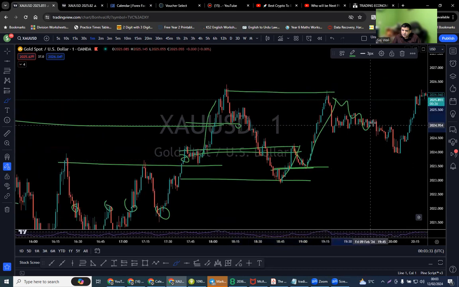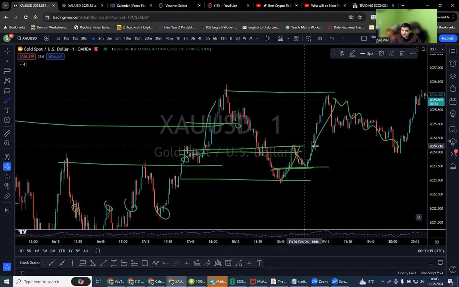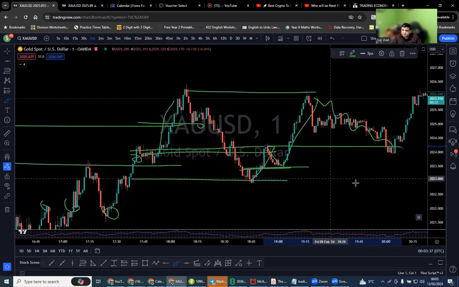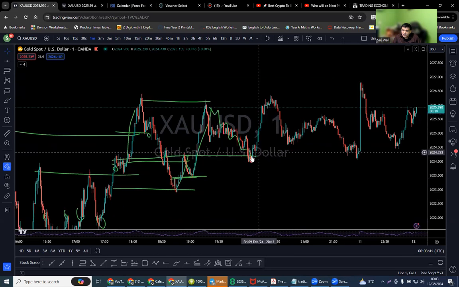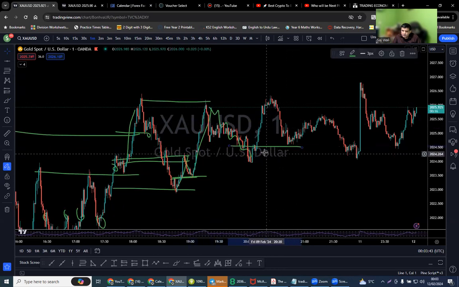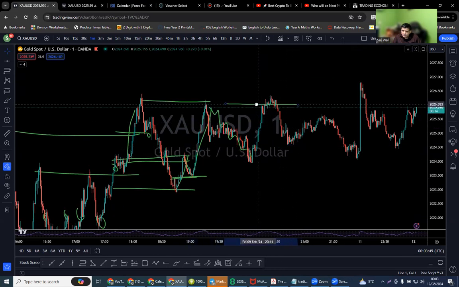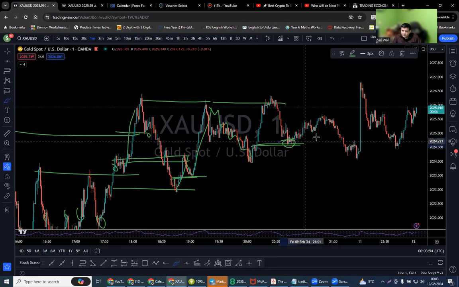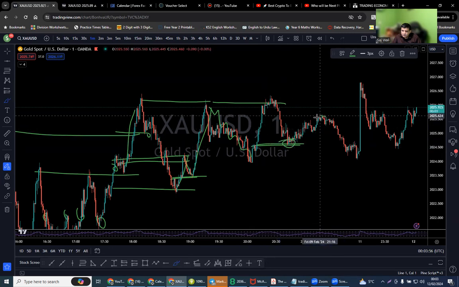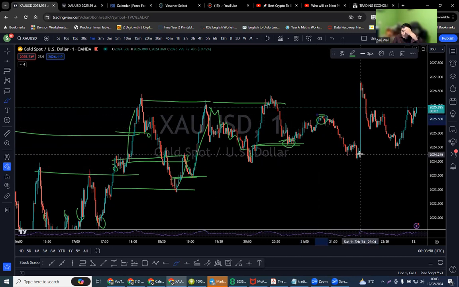Now the market tested this level, to the upside, and testing this level here. In fact, it created liquidity. It created liquidity here as well.